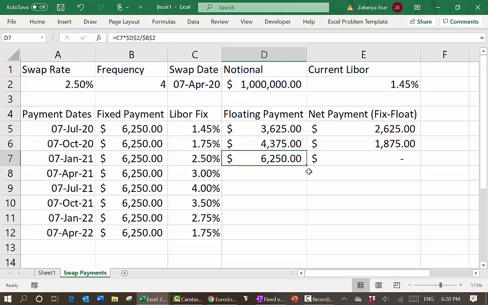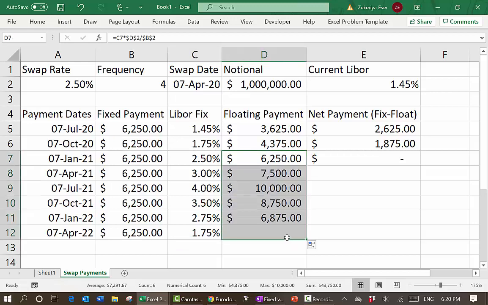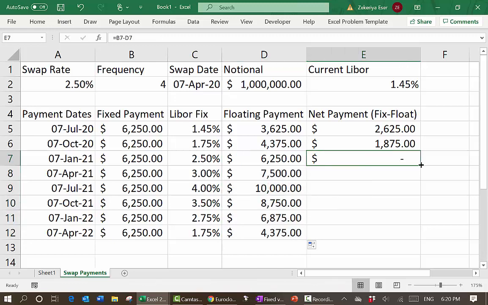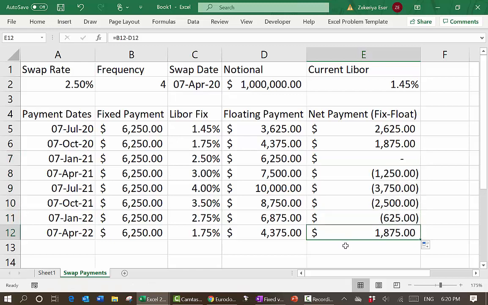At this point, I'm just making up these numbers. So if I tell you what future LIBORs are going to be, including the current one and the swap rate, you should be able to calculate net swap payments for a fixed rate payer.